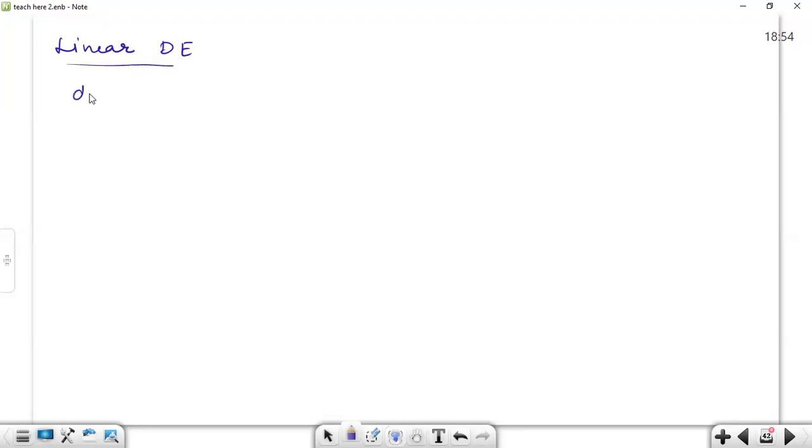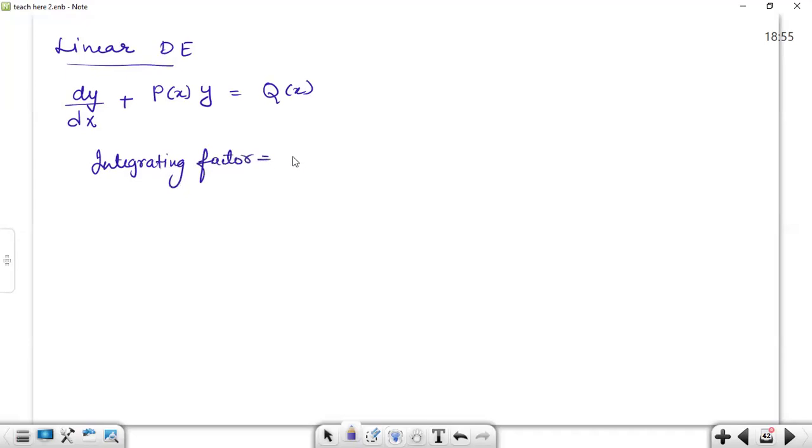Non-exact: whenever the differential equation is given in this format, dy over dx plus p multiplied by y equals q, where p is a function of x, and q is also a function of x, and it can be x also simply, we will use an integrating factor, which will be e raised to the power integration of p dx, because p is a function of x.